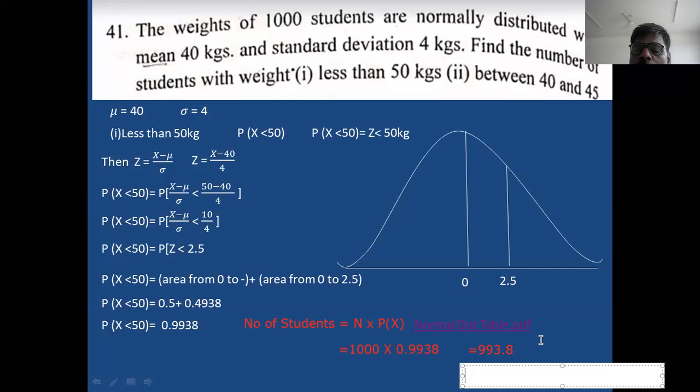993.8 students. So it is 0.8, you take the nearest number, which is 994 students. 994 students is the answer. 994 students' weight is less than 50 kg.